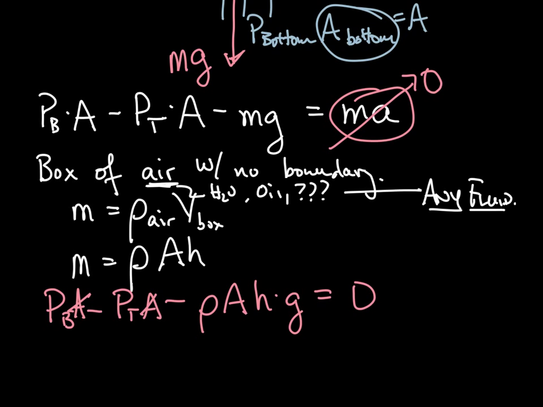Area drops out. And we are left with a relation that looks like this. Pressure at the bottom equals pressure at the top plus rho g h.